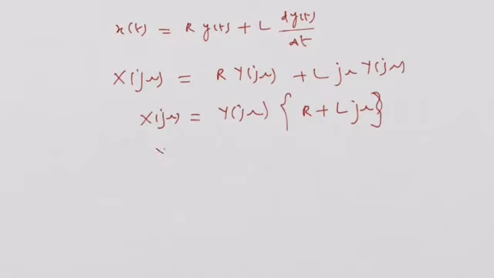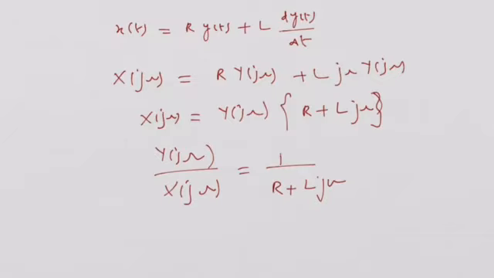So when you take the ratio Y(jω)/X(jω), this becomes simply 1 divided by (R + L jω). This is actually called H(jω).